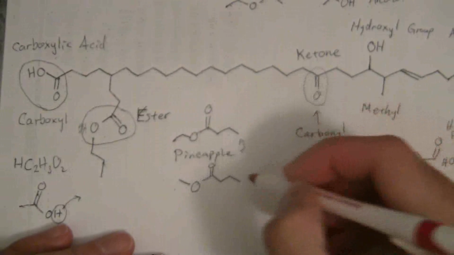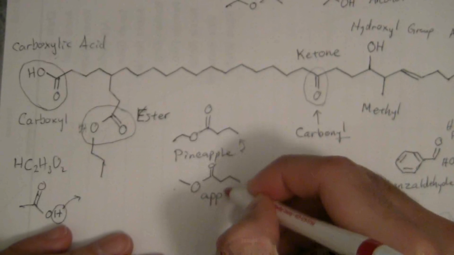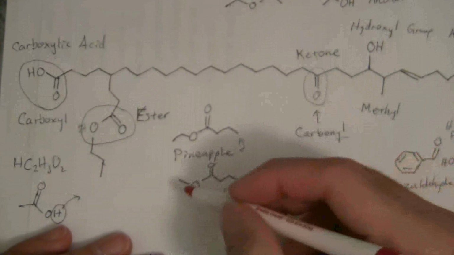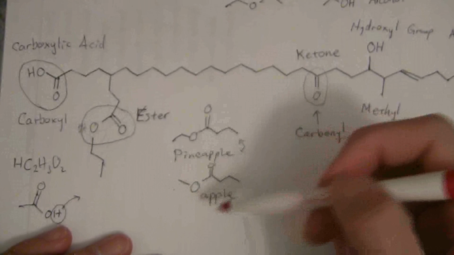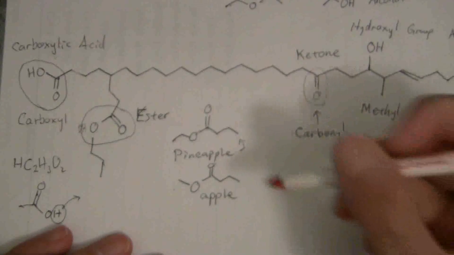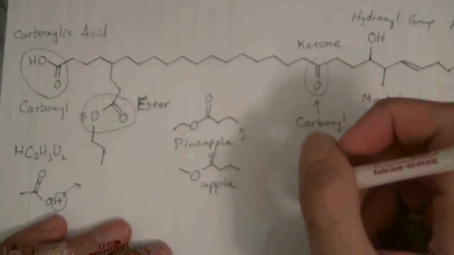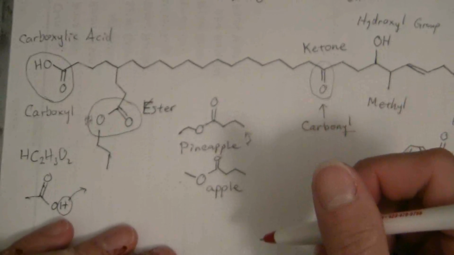So this is the pineapple, and this one is your ordinary apple. So just a single little CH3 group on there, and you get the difference between pineapple and apple. Both fruity flavors, but different in their own right.